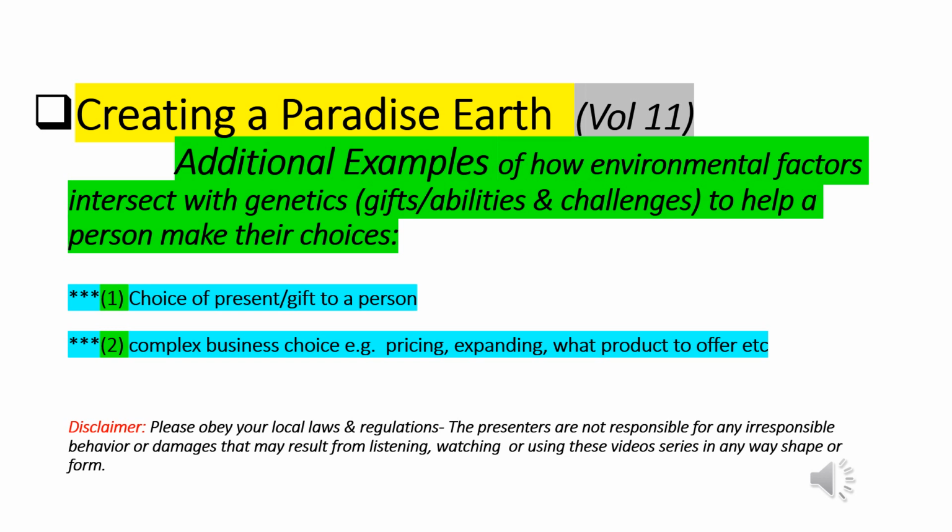Another second example is the complex business choice. For example, choosing the price or pricing, whether to expand or what kind of product to offer. In a business setting, the department or the people involved in setting the prices will use the following examples of the environmental factors.